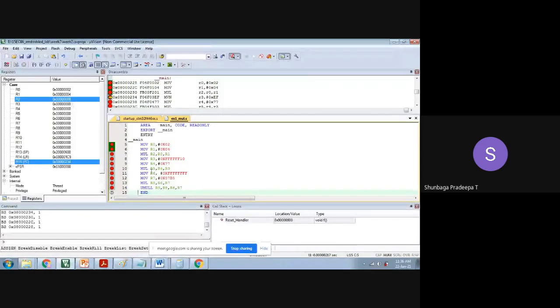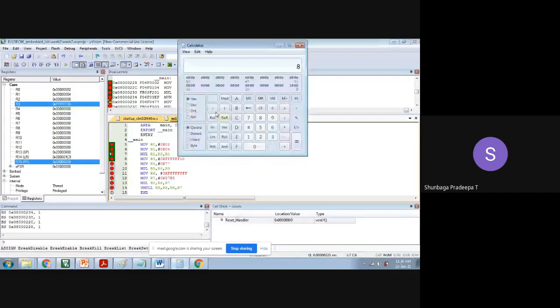Next, we are trying to multiply some bigger digits. So here your R3 is now loaded with FFF10. If you look into the equivalent decimal number, this is the decimal number we have taken in the R3 register.